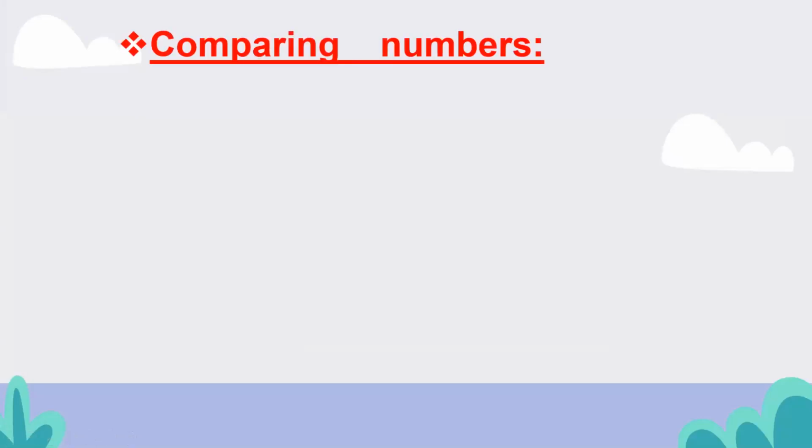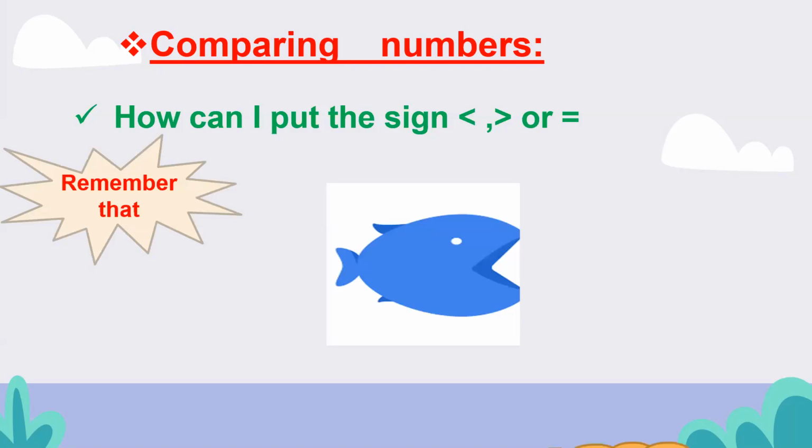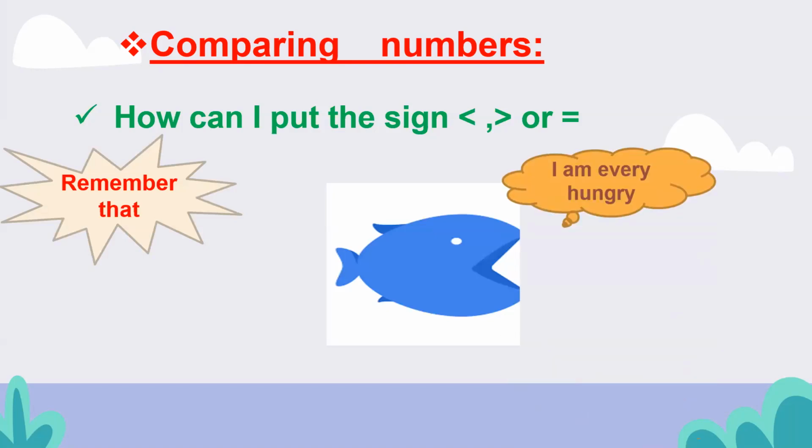Then let's move to remember how to compare between two numbers. How can we compare? I want to put the sign bigger than, smaller than, or equal. How can I do that? Let's remember the story that we have a big fish. The big fish is very hungry.